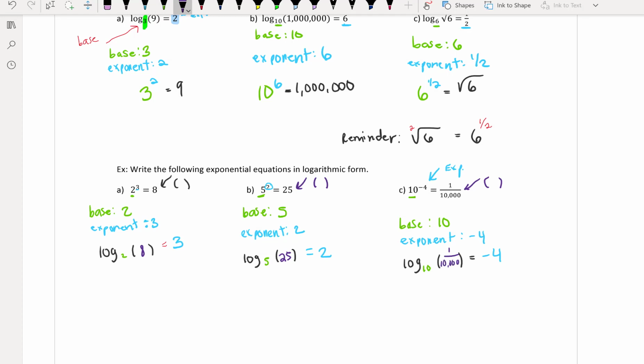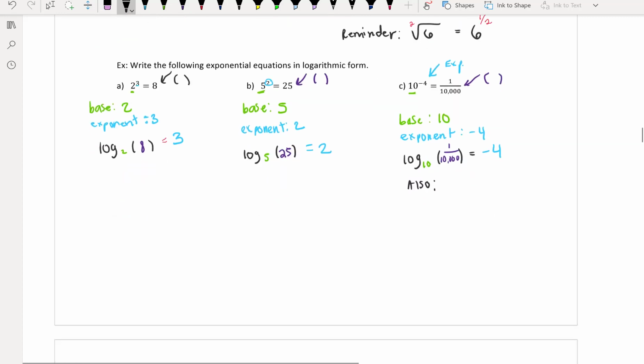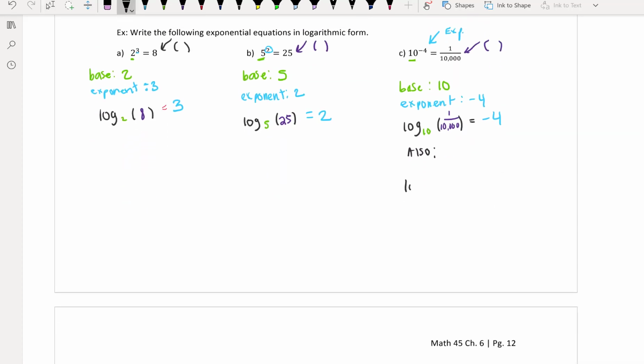You can also rewrite this. It would also be correct if you were to write this as log of 1 over 10,000 equal to -4.